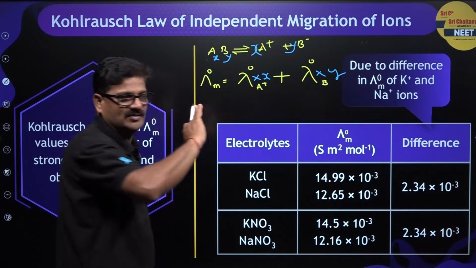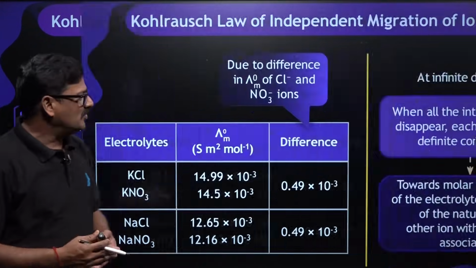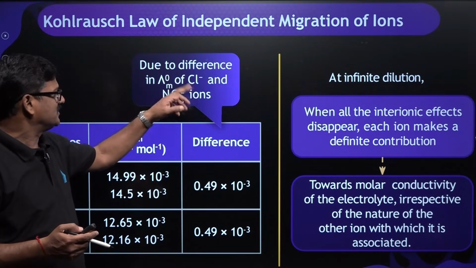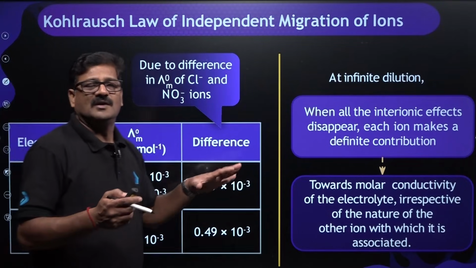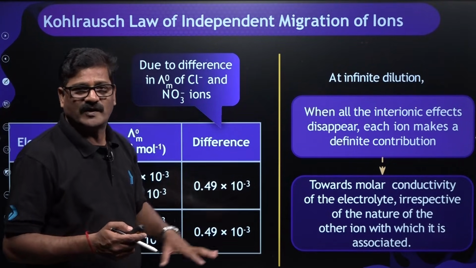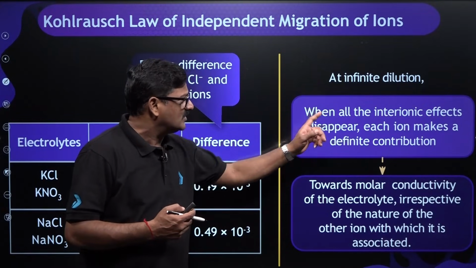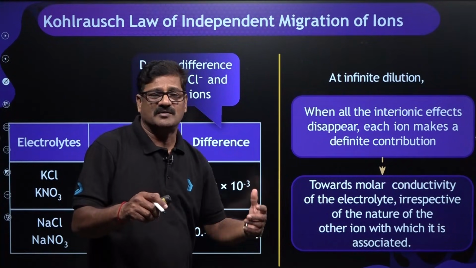That is it. You can do it for any type of equation, and you have various numbers due to the difference in molar conductivity of Cl minus and NO3 minus. So you have to multiply with respect to the number of ions. That is at infinite dilution when all the interionic effects disappear, because independently the ion is going to migrate. Why?